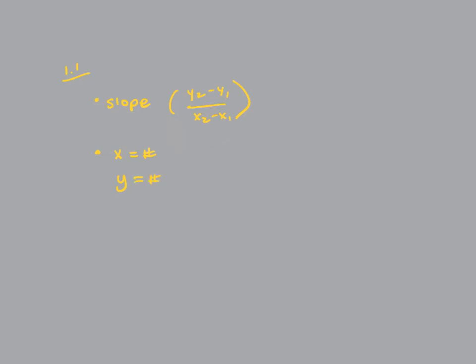These types of equations. So if it's an x equals, if the x is unchanging, then this is a vertical line and slope is undefined. If it's a y equals a number, this is a horizontal line and slope is equal to 0.